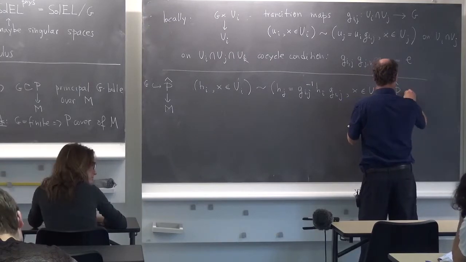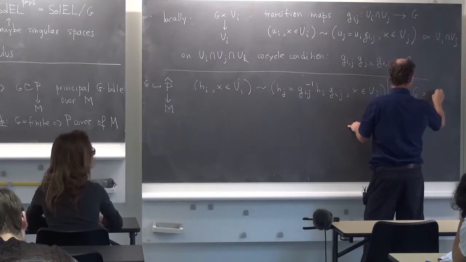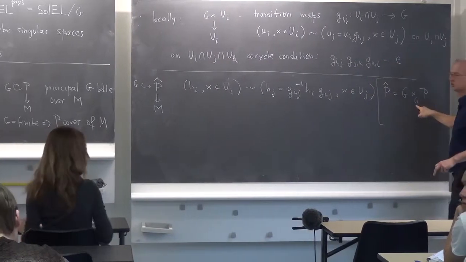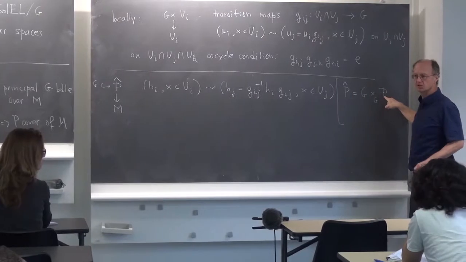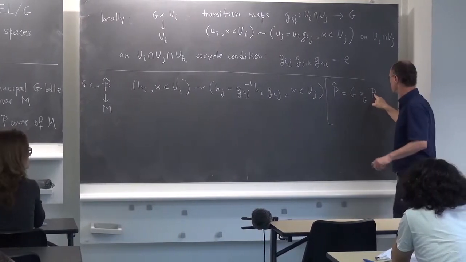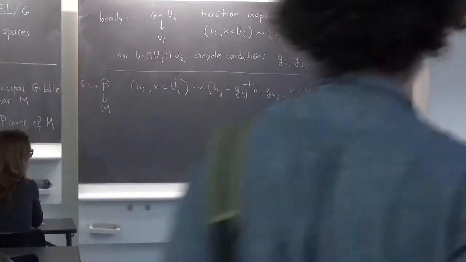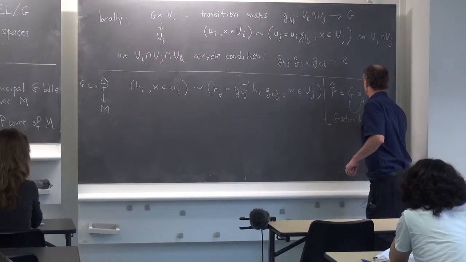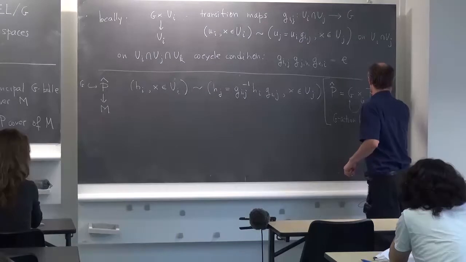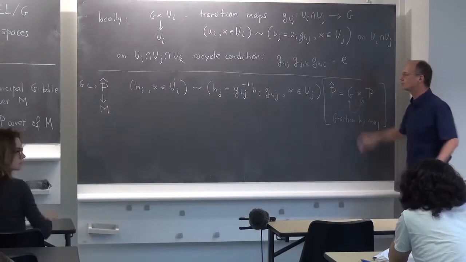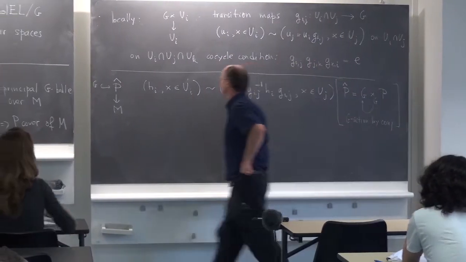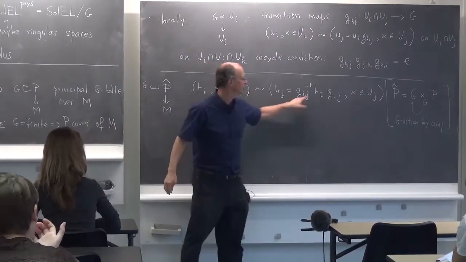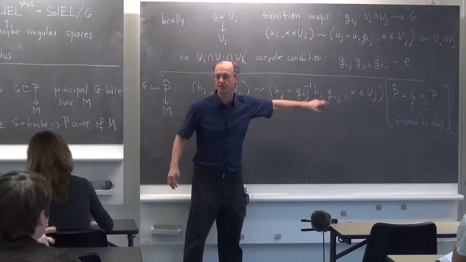P hat is P times_G G, where the G action on P is the standard G action, and on G it is the action by conjugation. But for those of you who don't know this language, it doesn't matter so much. You see, I did change the gluing rule, and I obtained a new bundle.